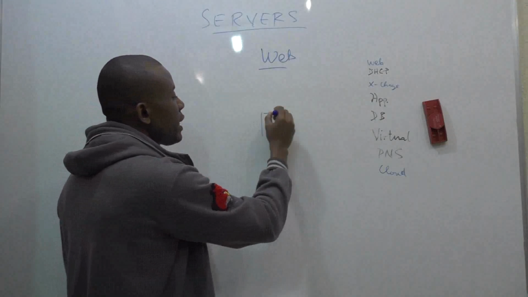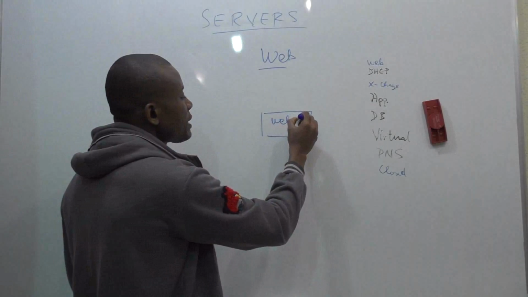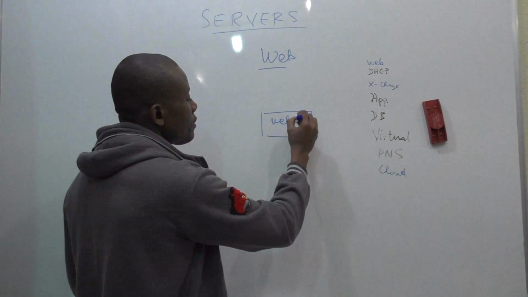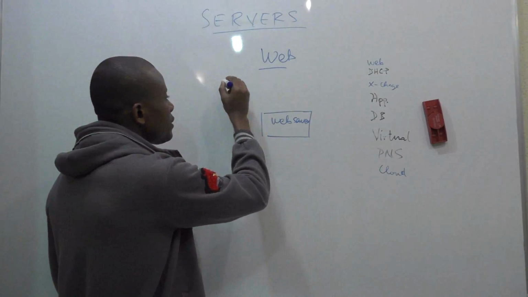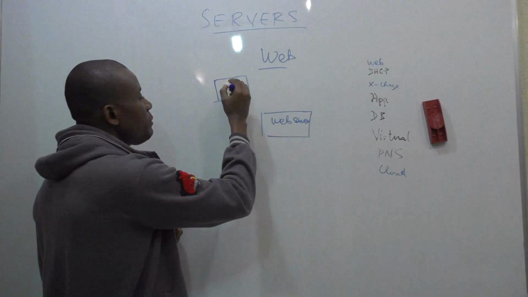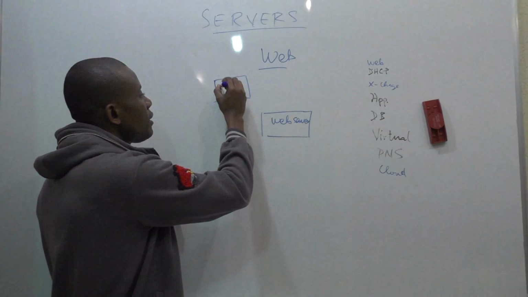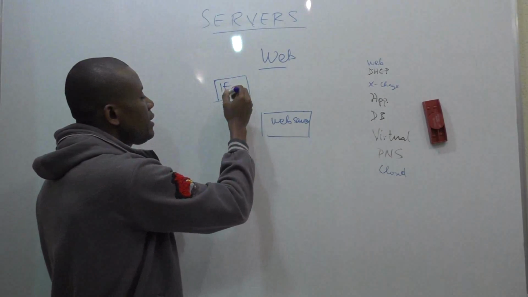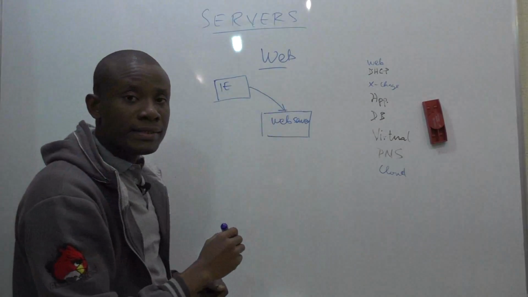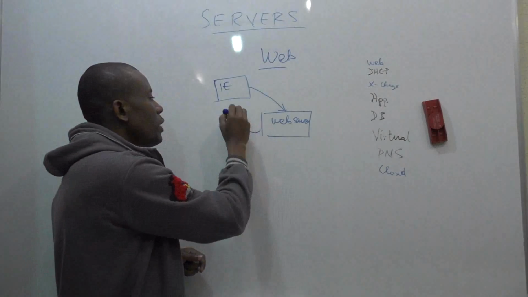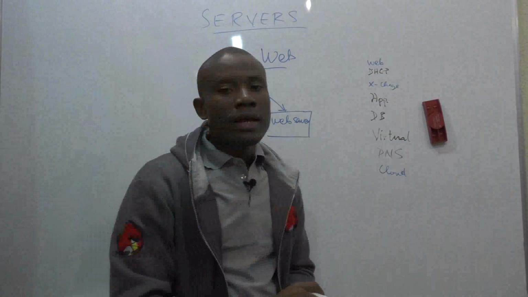So what we have is something like this: a web server, and then we have browsers here. It may be Internet Explorer, it may be Google Chrome, it may be Firefox. Let's say IE. It requests information, and then the web server sends the information right back.